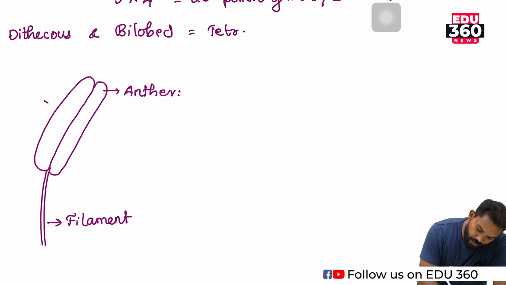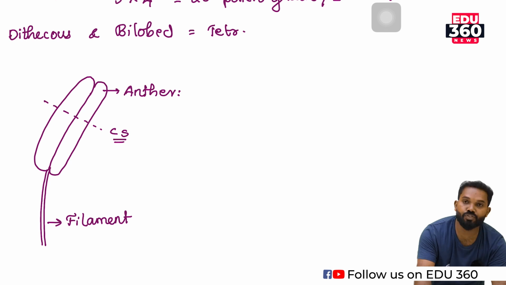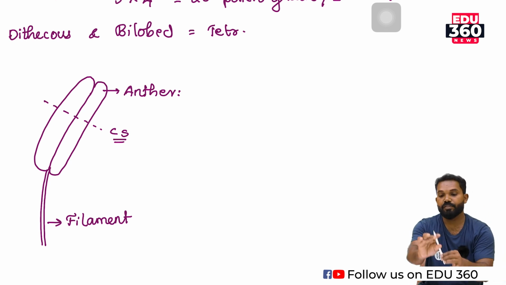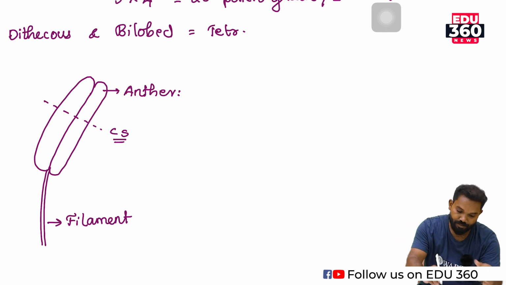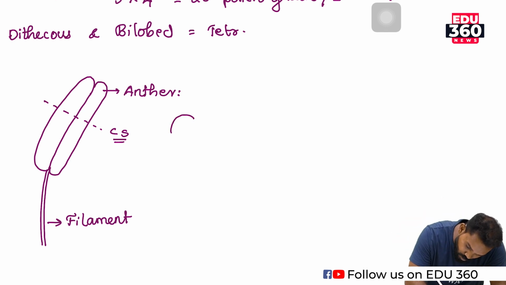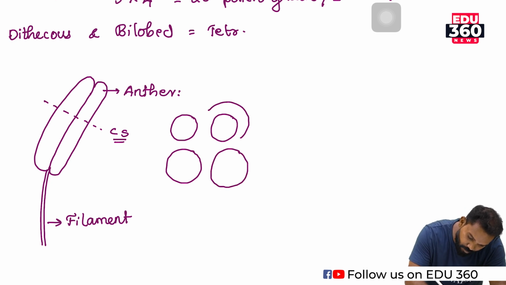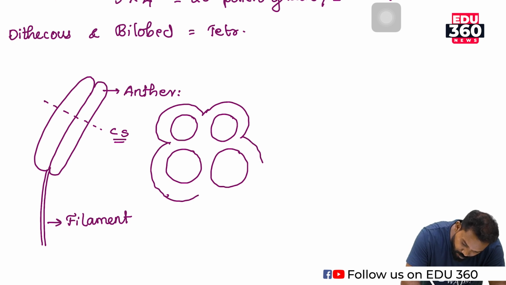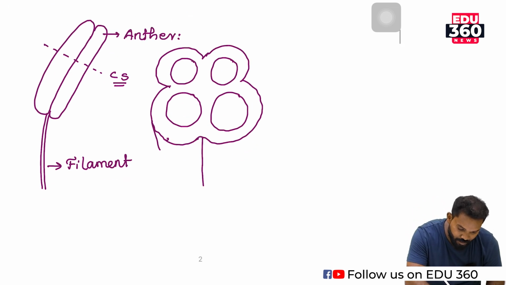When we take a CS of an anther, CS meaning cross section, if this one is an anther, we take a cross section through here. After the cross section, the given specimen is observed under the microscope, and we get a typical butterfly-like structure.